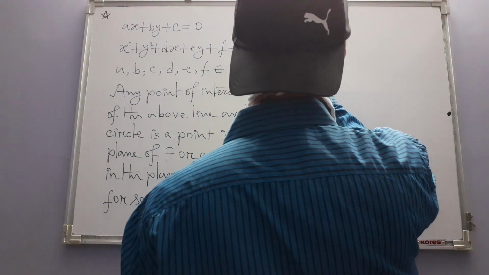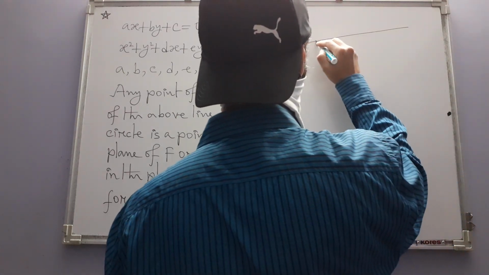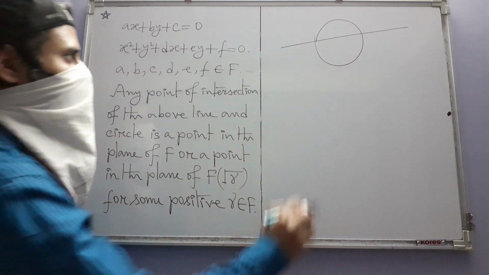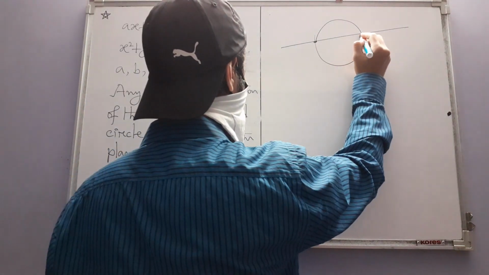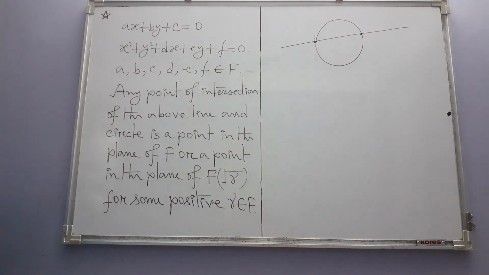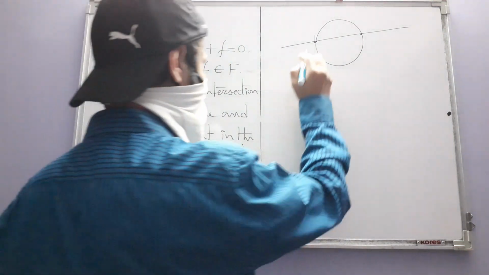So you have a straight line like this and a circle like this, both in F, and you have these 2 points of intersection.